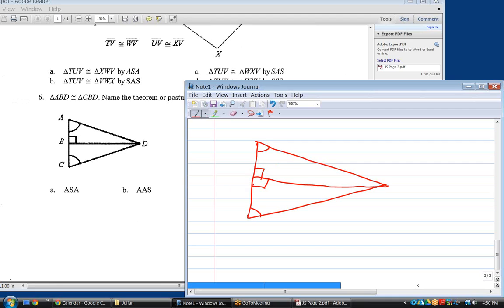So this angle is equal to that angle, and this angle is equal to that angle, which automatically makes this angle equal to this angle. But there is a postulate that says angle, angle, side. Side BD is equal to itself. Yeah. And we have angle, angle, side here. Okay.